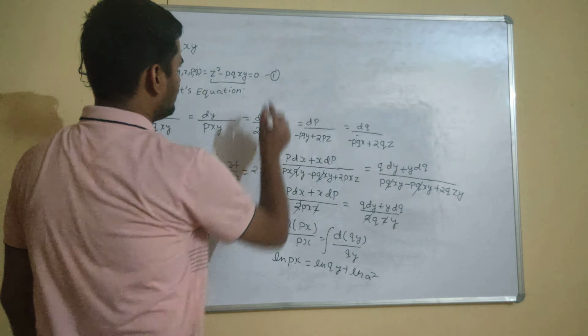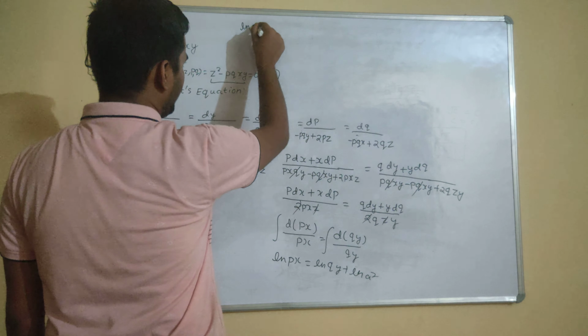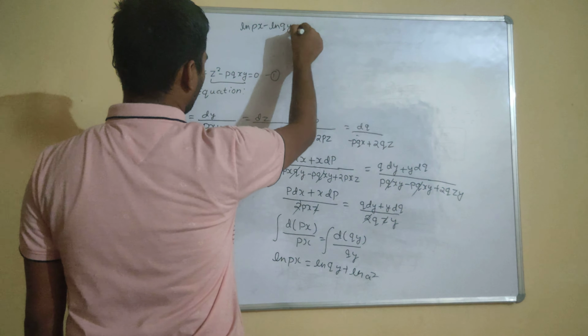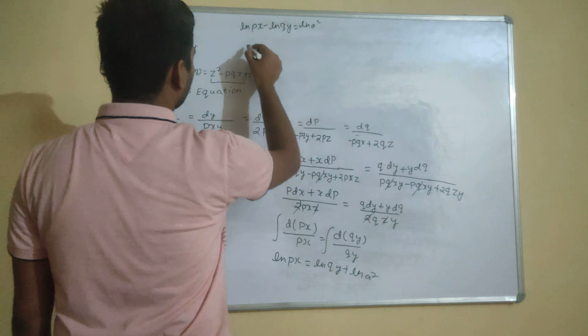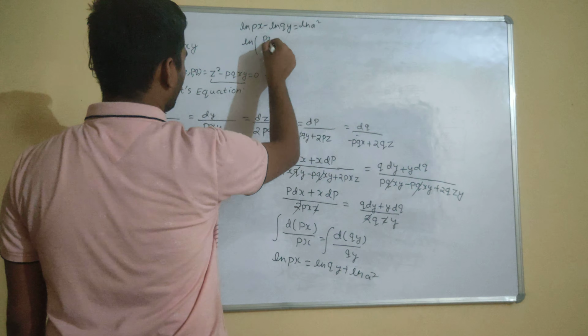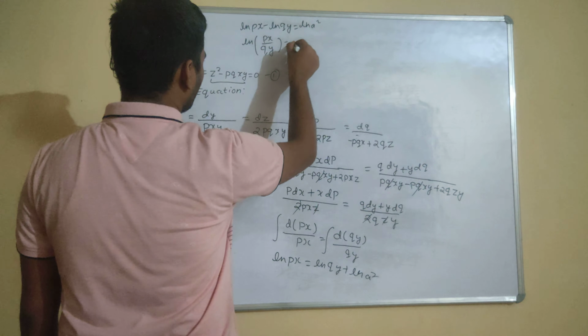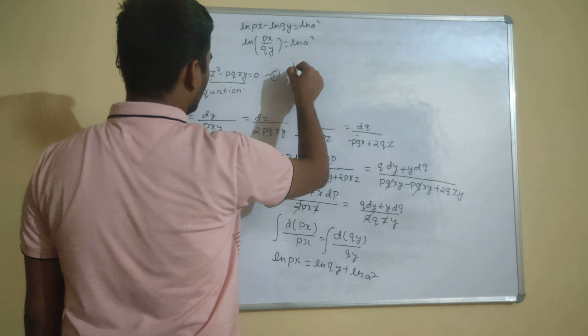So bring this term to the left hand side. So ln px minus ln qy equals ln a square. Log a minus log b is log a by b. So px by qy equals a square, now you can remove the log.